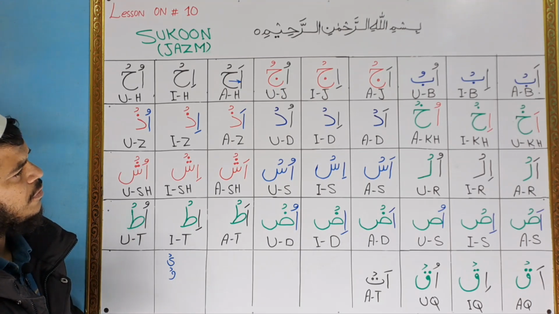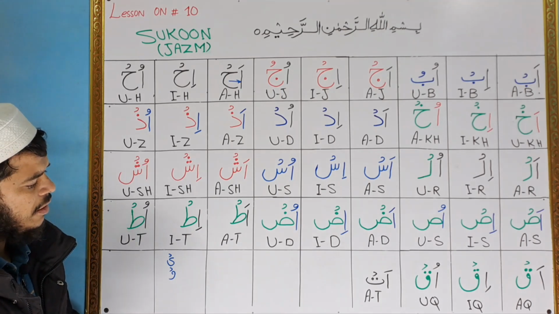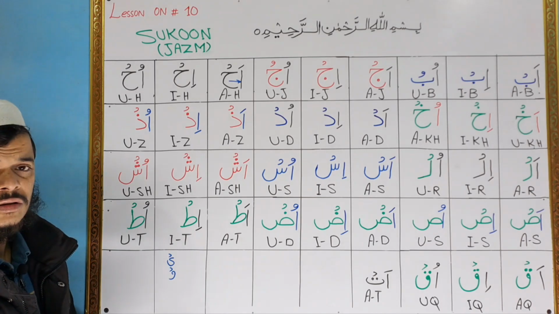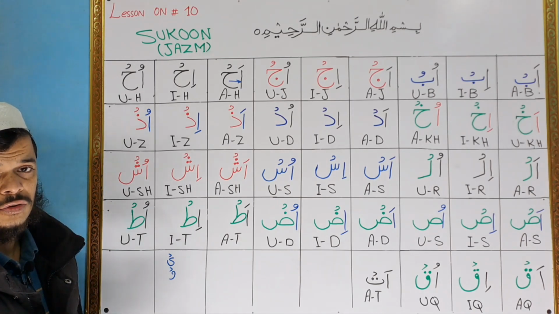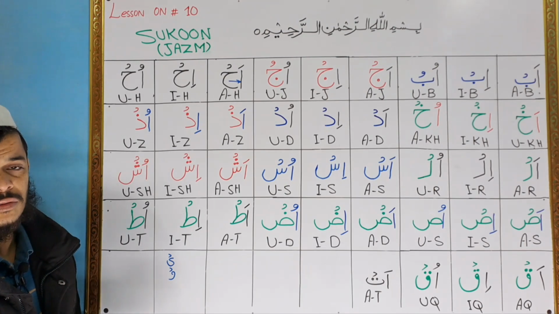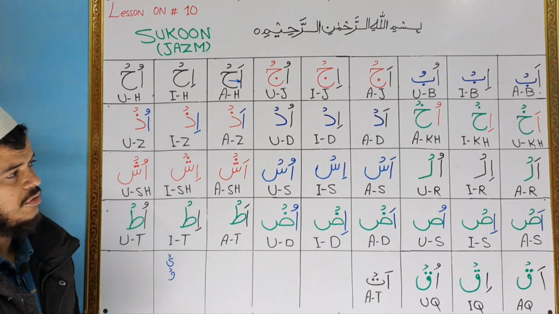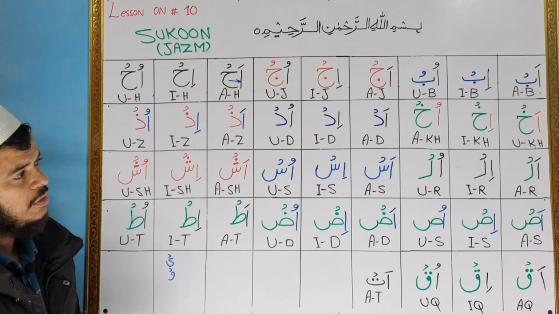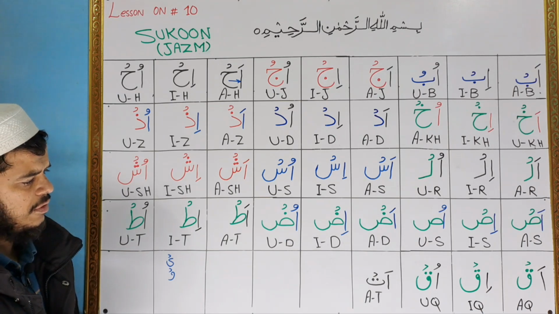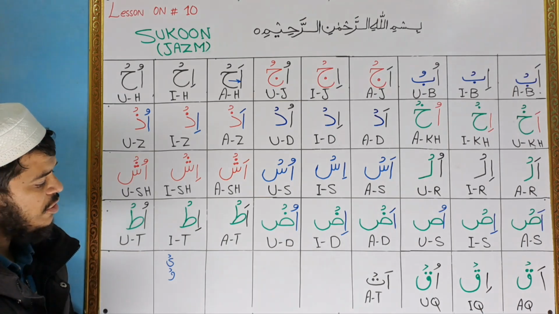So a letter will give sound only if it comes with fatha, kasra, dhamma, or tanween, or standing fatha, kasra, dhamma. But if a letter is coming with sukoon, it will give its initial sound.